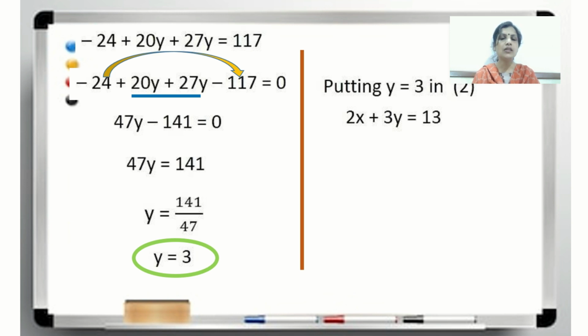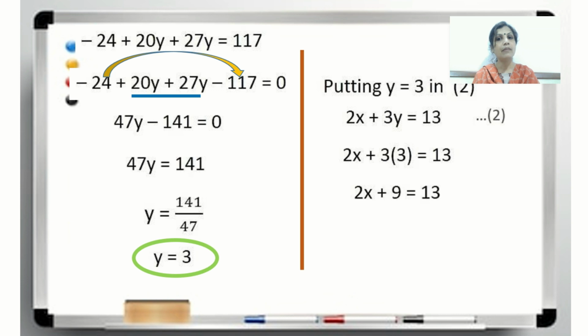We will substitute this value in any of the previous equations and we'll get the value of x. So put y is equal to 3 in equation 2. Equation 2 is 2x plus 3y is equal to 13, and here we will substitute the value of y. So 2x plus 3 into 3 is equal to 13.